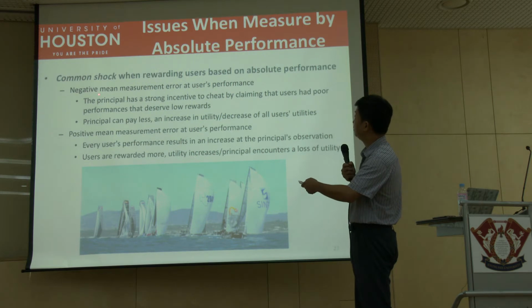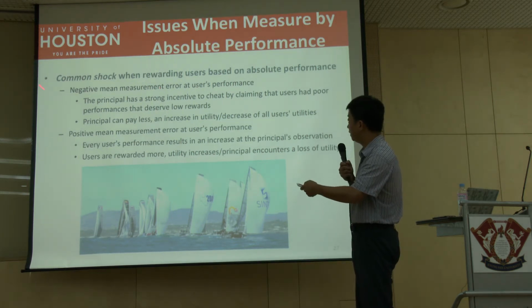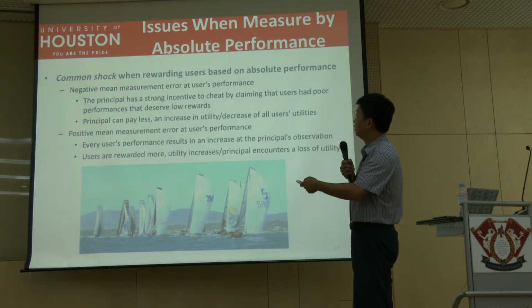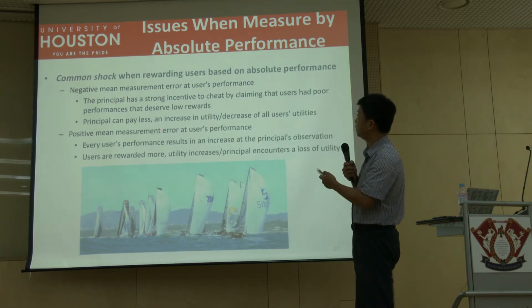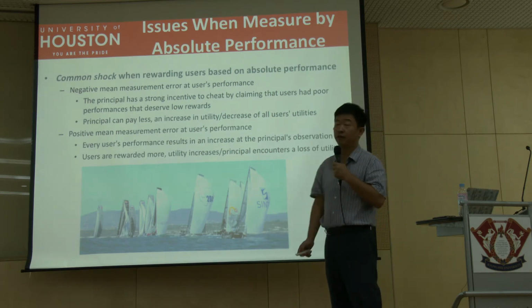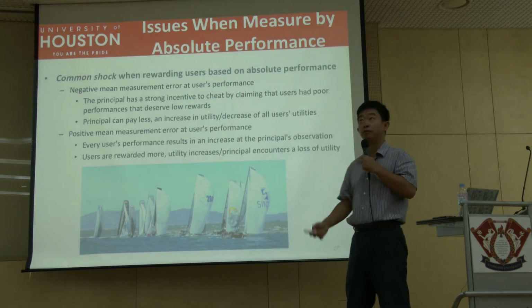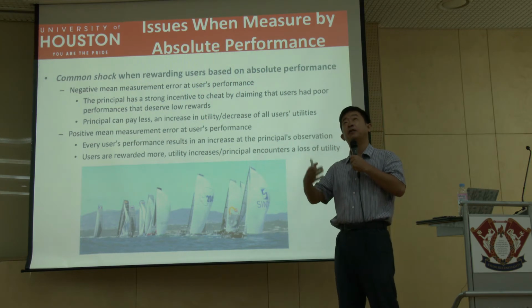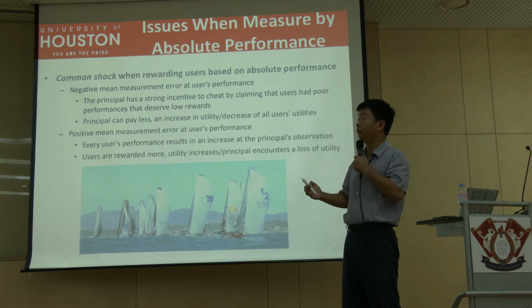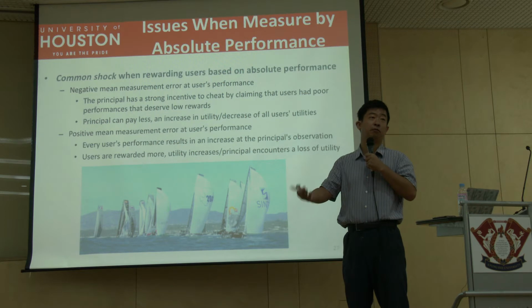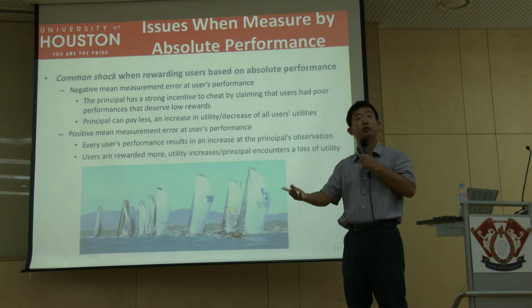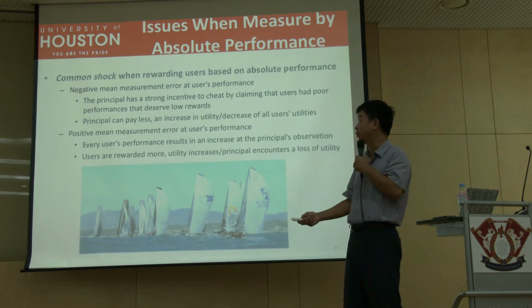So positive or negative means a measurement error in the agent's performance. So basically your measurement of whether or not your company makes a profit will not reflect how hard your employee works and how you should pay your employee.